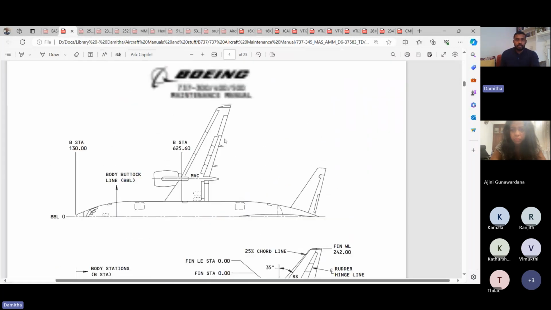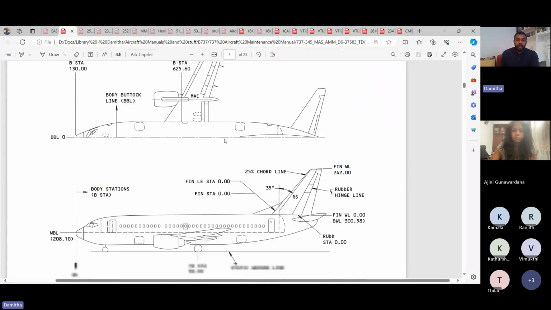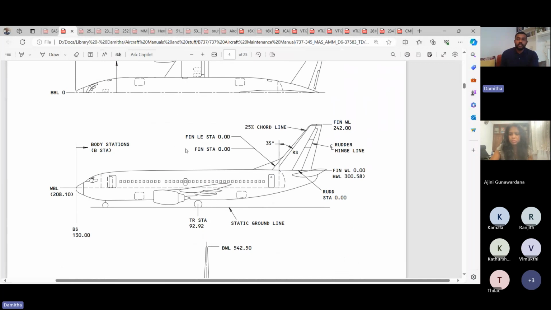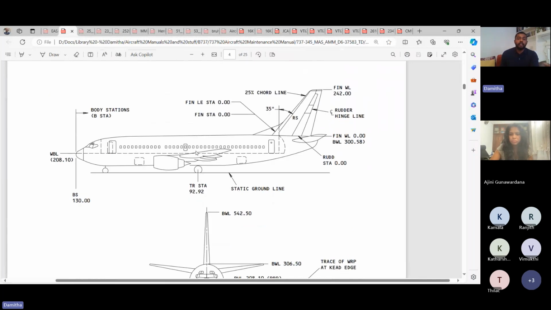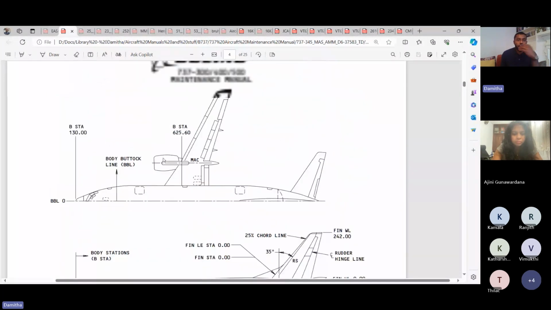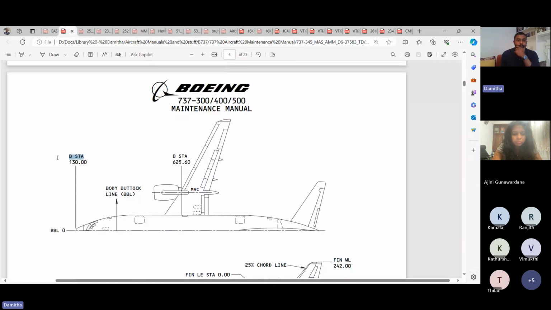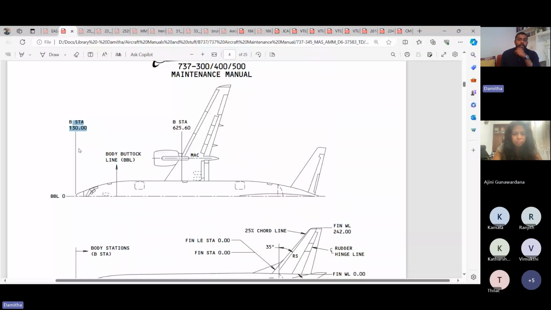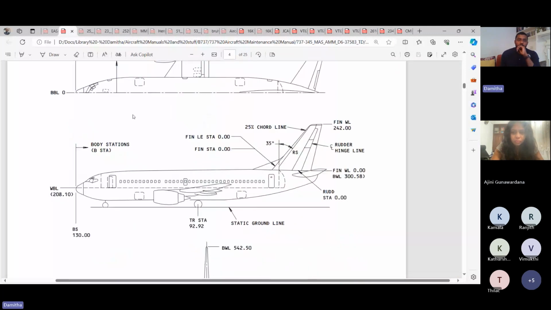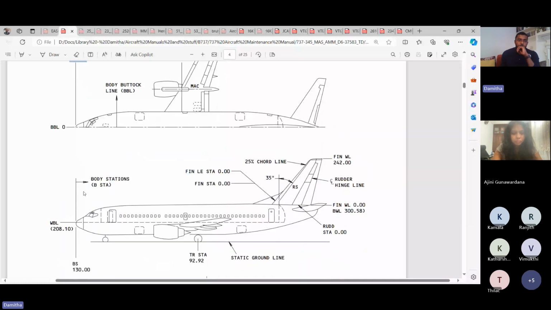So in these manuals, this is the first chapter where it describes the aircraft and the main parameters. This station is how you identify a position in an aircraft, called body stations.